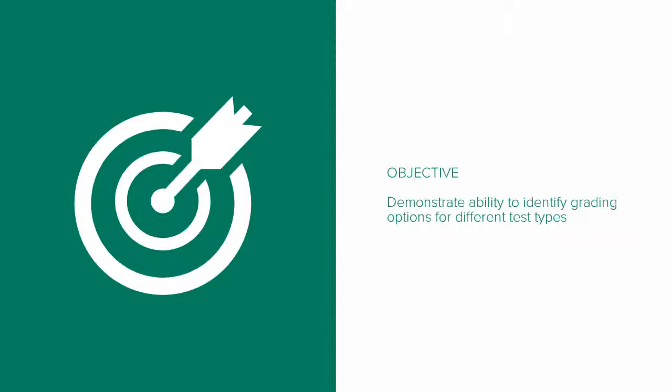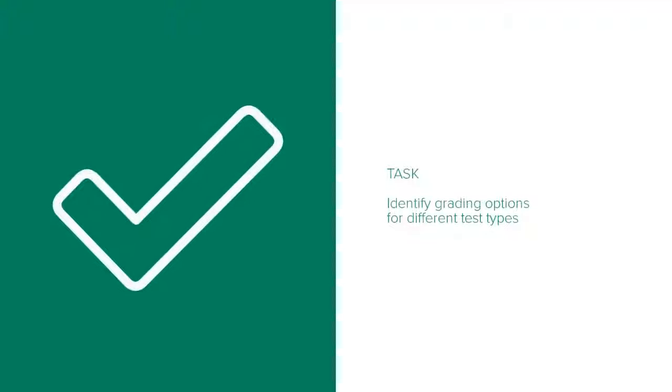The objective of the third module would be to demonstrate the ability to identify grading options for different test types. The task, of course, is to identify grading options for different test types.